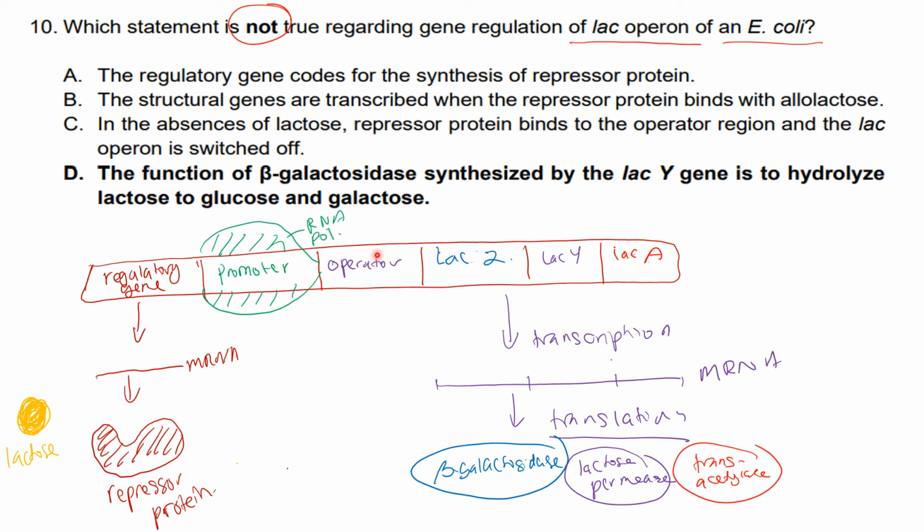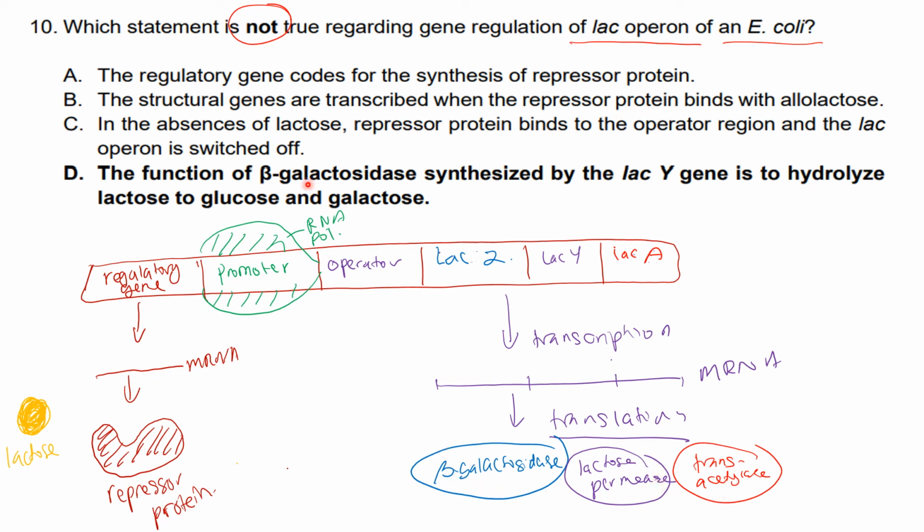Once the operator is free, there is no blockage, so RNA polymerase can bind to the promoter, and from there the lac operon is switched on and can synthesize the mRNA from the three structural genes to produce the three enzymes.